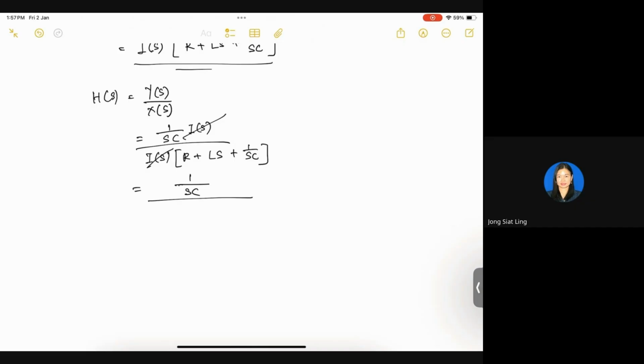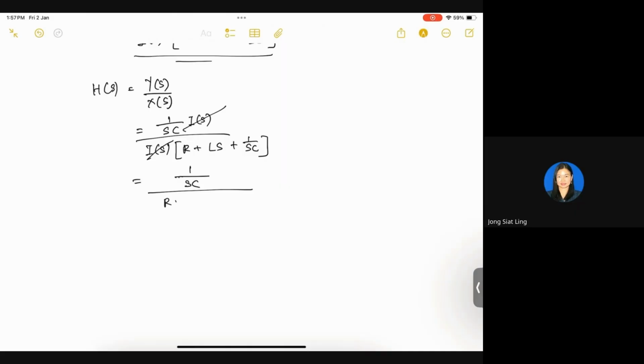So I just left 1 over sC, and then I have the denominator also sC. So I multiply it, so RsC plus LC s square plus 1 divided by sC. So sC and sC can be cancelled, then left 1 over RC s plus LC s square plus 1.